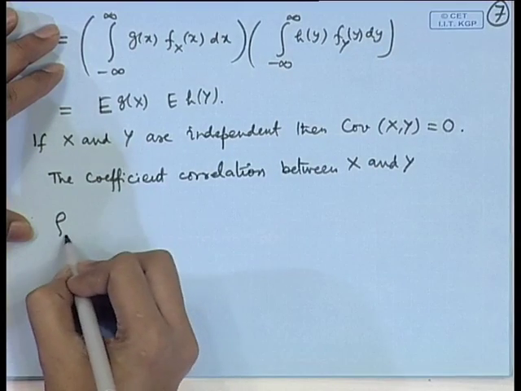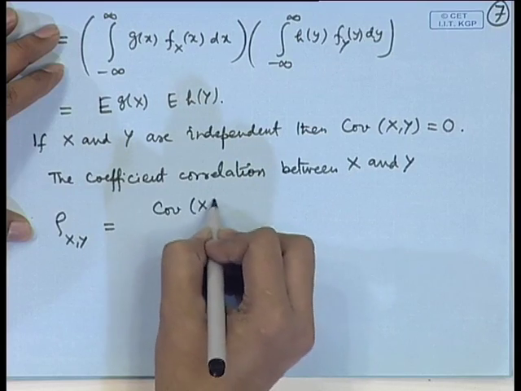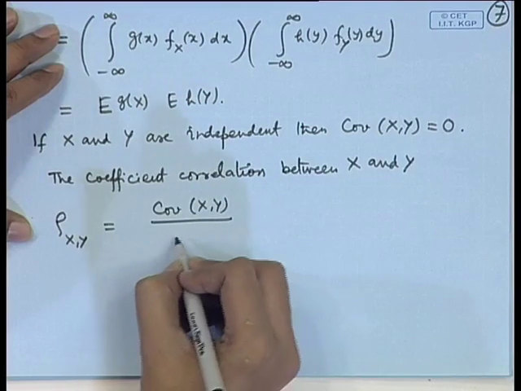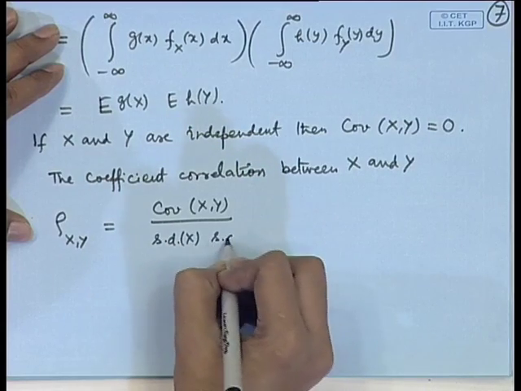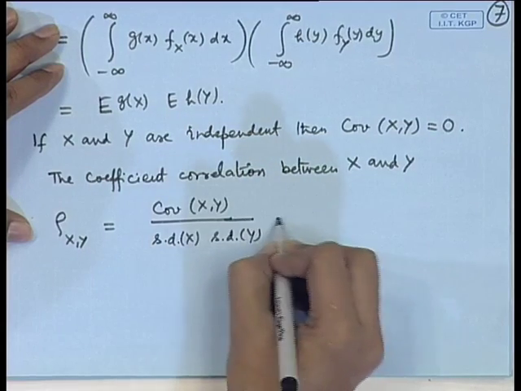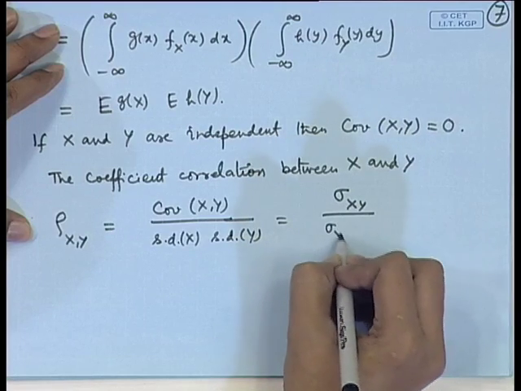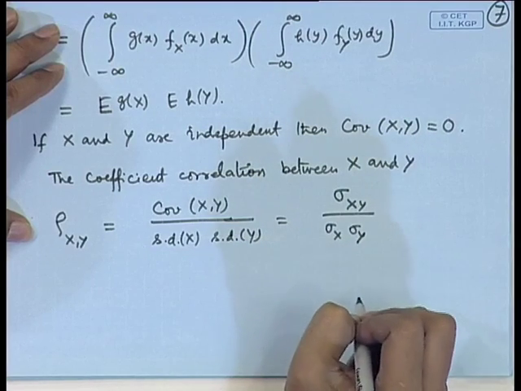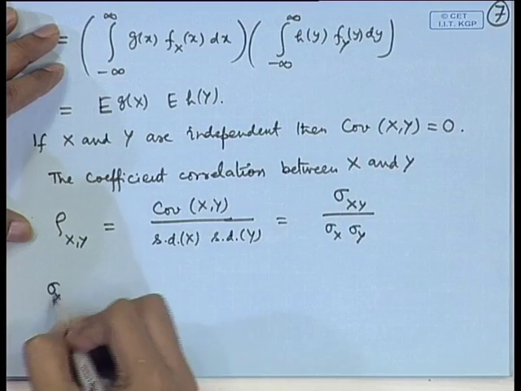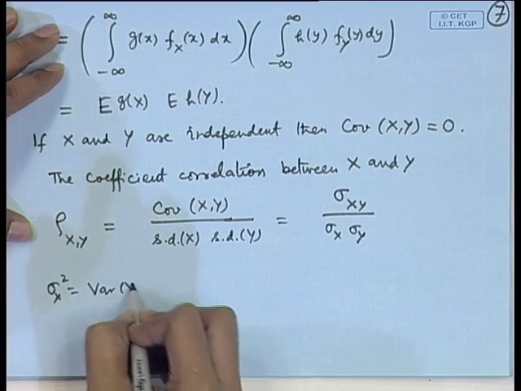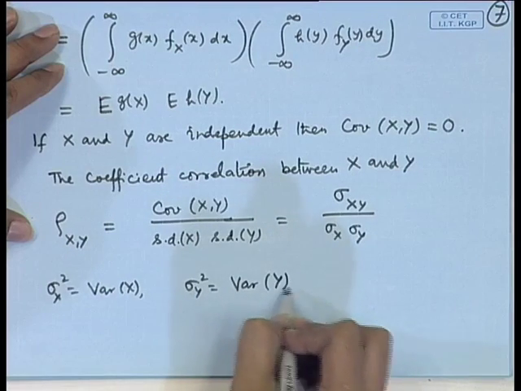We denote rho x y, that is defined as covariance between x and y divided by standard deviation of x into standard deviation of y. We can use the notation sigma x y divided by sigma x sigma y, where sigma x square was the variance of x and sigma y square denotes the variance of y.